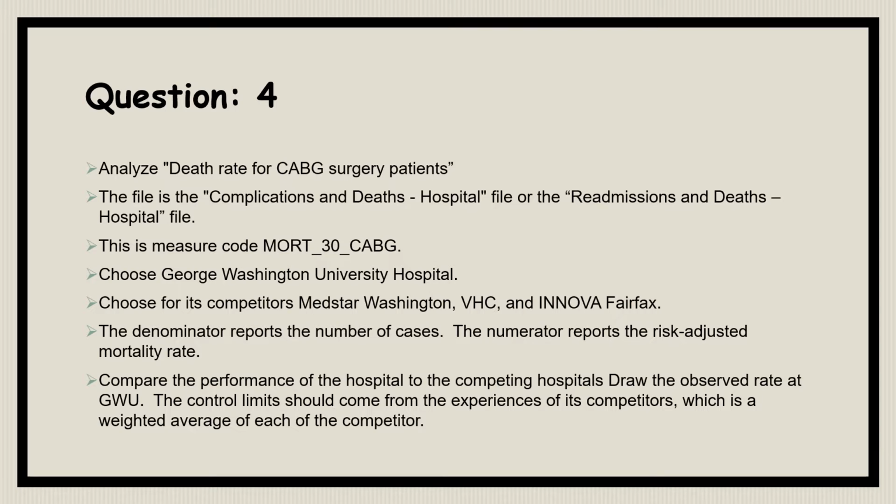We will have to compare the performance of George Washington Hospital in terms of the mortality rate of patients who underwent CABG surgery to its competitors, namely MedStar Washington Hospital, Virginia Health Center, and the Inova Fairfax Hospital. The denominator in the data set indicates the number of cases, while the numerator reports the risk-adjusted mortality rate.